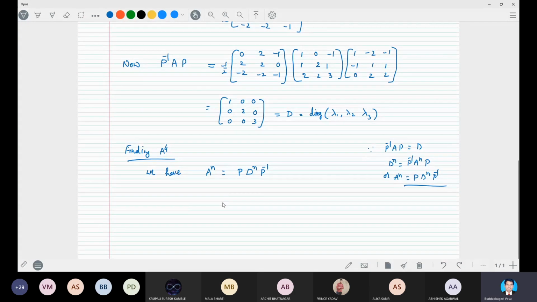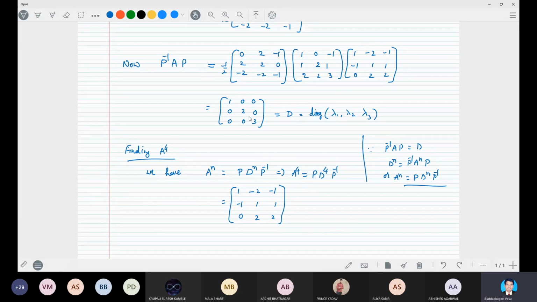You know that P is 1, minus 2, minus 1, minus 1, 1, 1, 0, 2, 2. So putting n equal to 4, A power 4 is equal to P into D power 4 into P inverse.